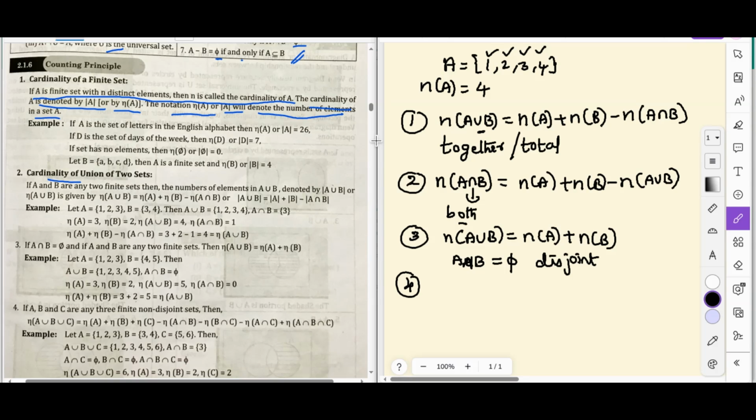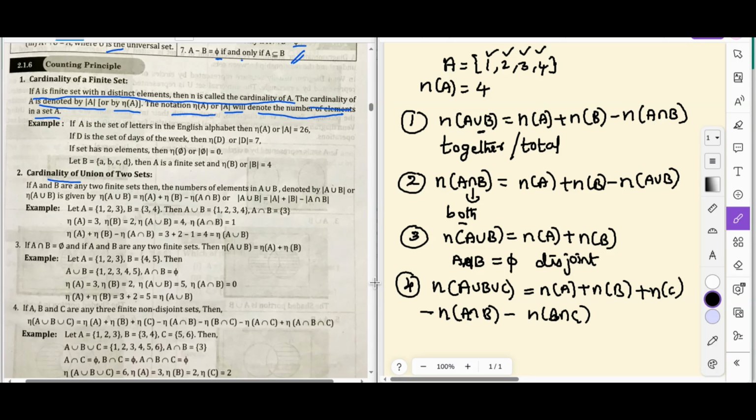Then fourth one we have n of A union B union C. For 3 sets, if they have given, we'll write n of A plus n of B plus n of C. First you will take single elements, then you will take 2 at a time: minus n of A intersection B minus n of B intersection C minus n of C intersection A. Two elements, it will be negative.